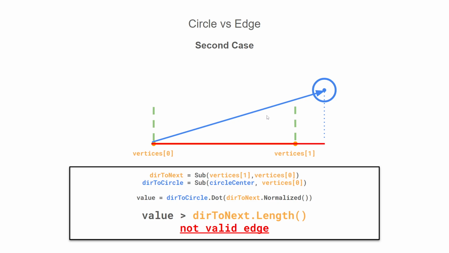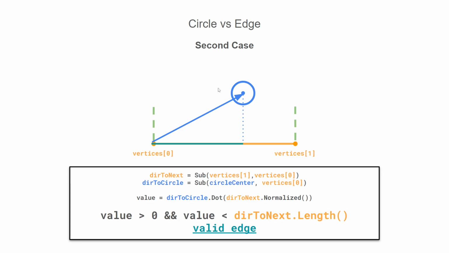This is the second case where this one is not valid, and then we have the third case where it is valid, where the circle lies between these dotted lines in the right area. And if that's the case, we have to check for penetration. I'm going to show you this in the next slides. So this here is valid if the value from the projection is greater than 0.